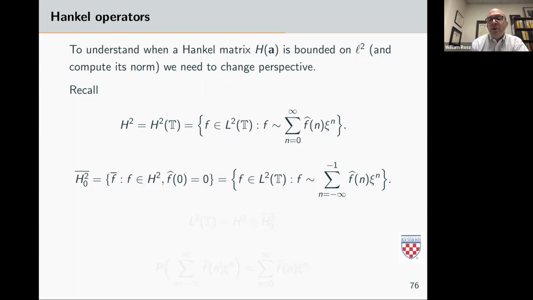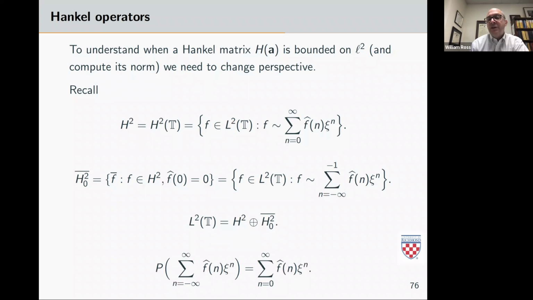Notice that e to the in theta form an orthonormal basis for L2. So H2 0 bar is actually H2 perp, and then we have this nice orthogonal decomposition of L2 into H2 and H2 0 bar.